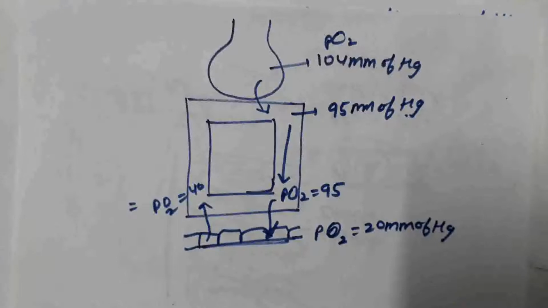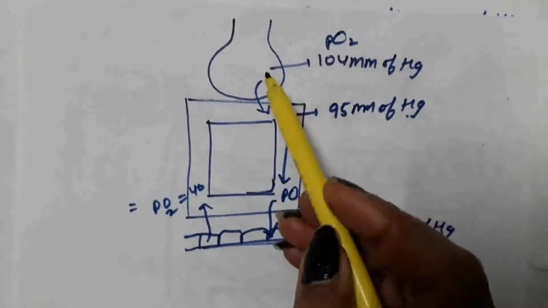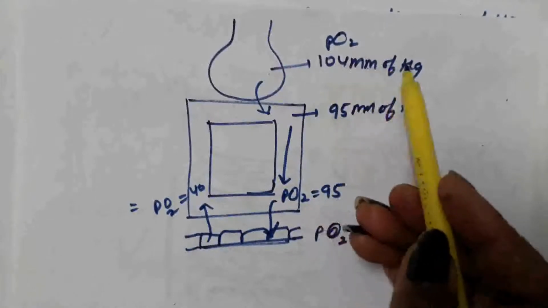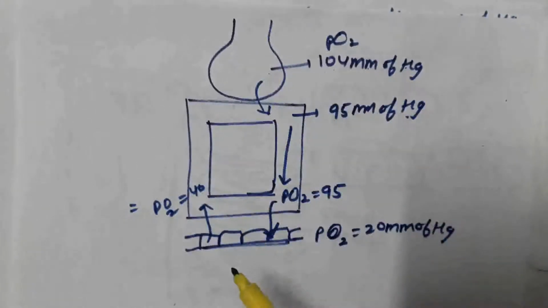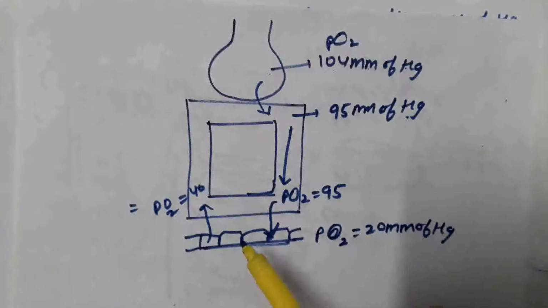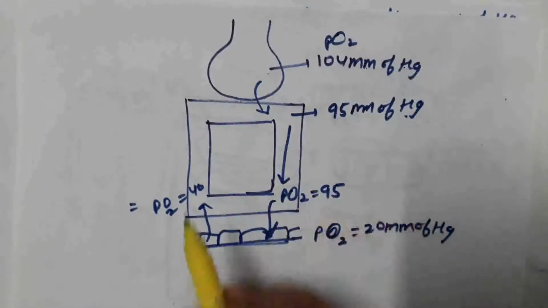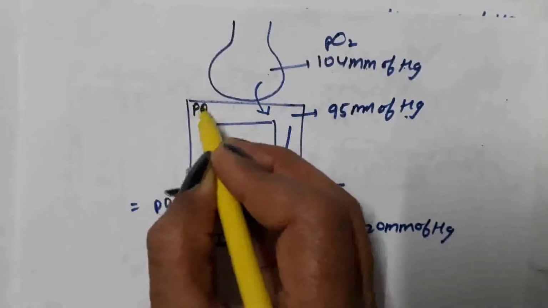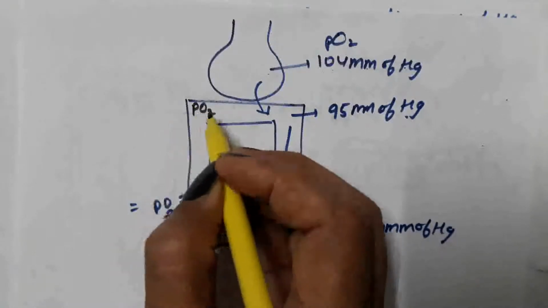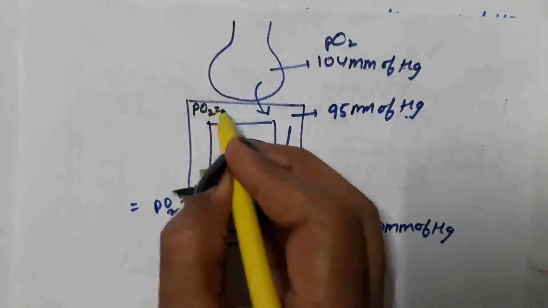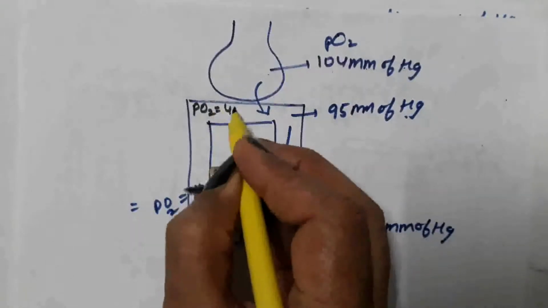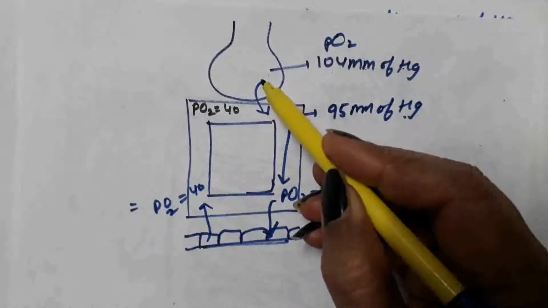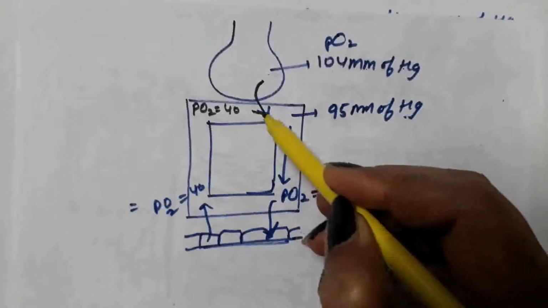What we studied there: inside the lung alveoli there is 104 mm of mercury partial pressure of oxygen, and in deoxygenated blood the partial pressure of oxygen is equal to 40 mm of mercury. So transport of oxygen takes place from high partial pressure to low partial pressure.